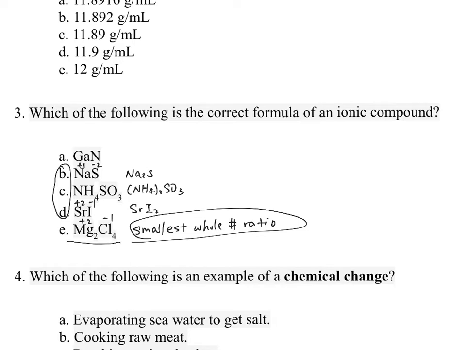Ionic compounds do it in a way where it's all about the ratio. In this case, 2 to 4 is definitely not the smallest whole number ratio for the cation and the anion. What should be the smallest whole number ratio? Obviously 1 to 2. And that's why magnesium chloride has the formula MgCl2.